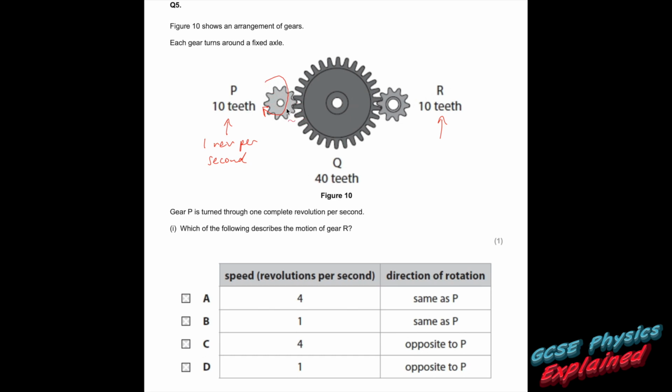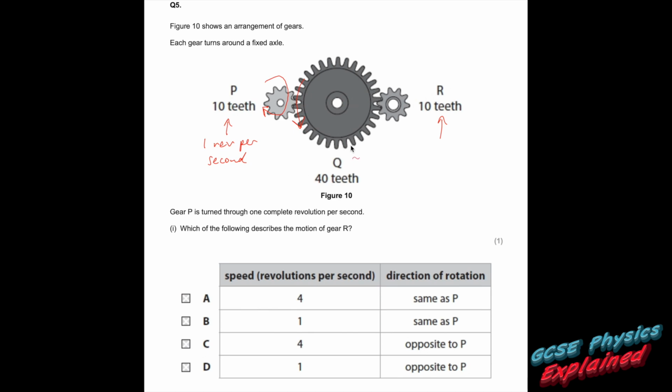Now if I spin this fully once, 10 teeth are going to spin round. Now if this goes down, that means that this is also going to go down, right, by 10 teeth.